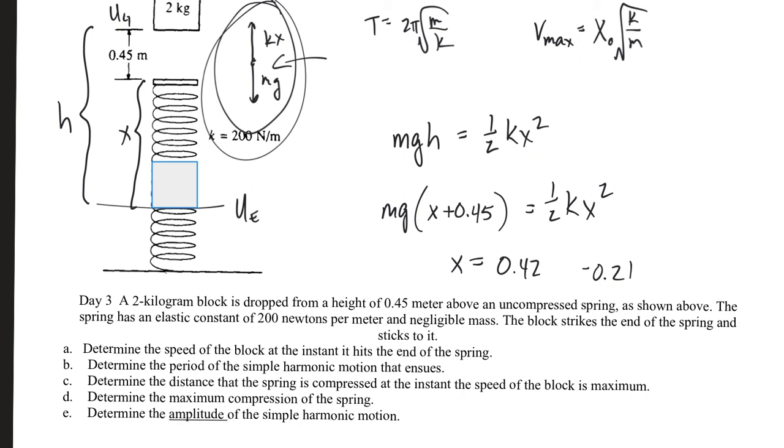Now, this is the one you want. This one's not, but this one has meaning. We just asked when the gravitational potential energy was equal to the elastic potential energy. Well, if you could pull the spring outwards 20 centimeters, apparently at that location you'd have the same amount of potential energy.